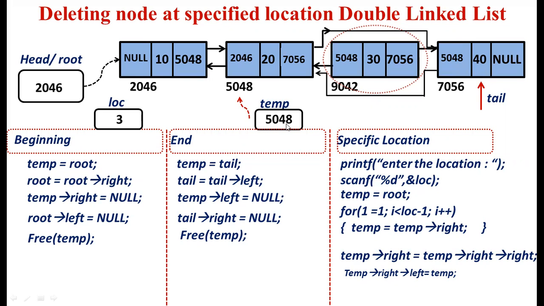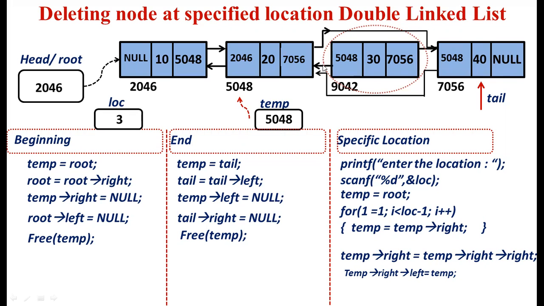No, that logic is completely wrong. Because if we are having 10 nodes and I am deleting the 5th node, then it will not be the tail to left node where we are placing the value. So the logic we have to take here is temp to right to left is equal to temp value. So now this connection got connected.